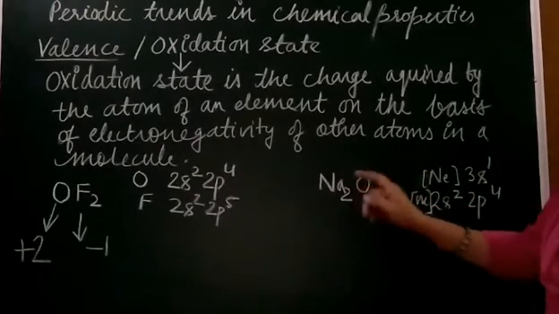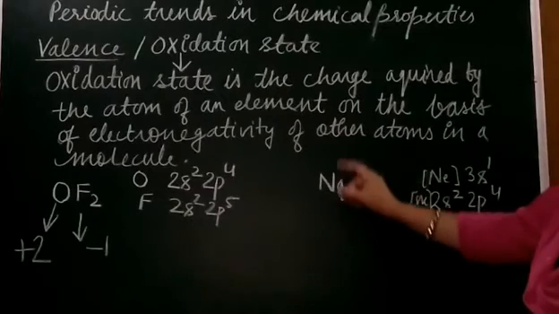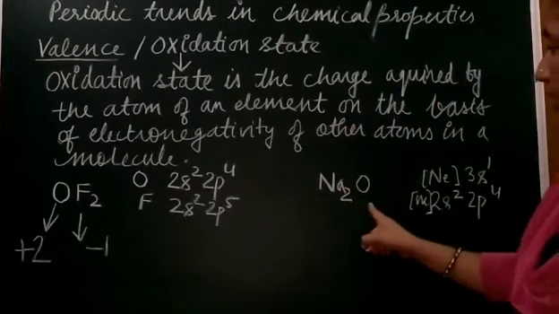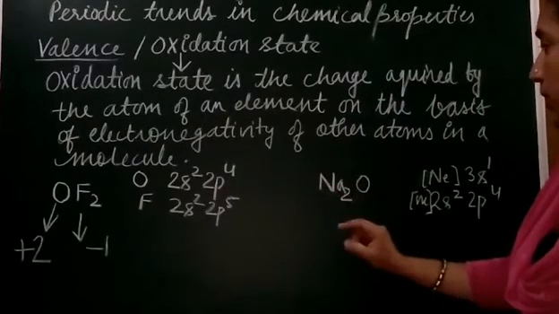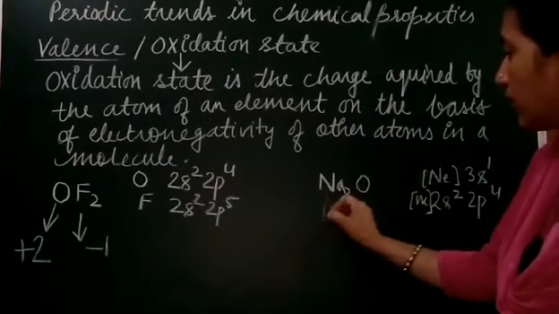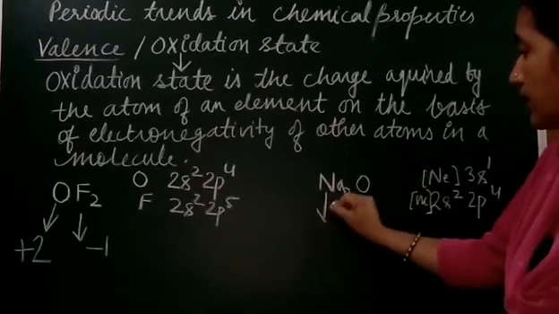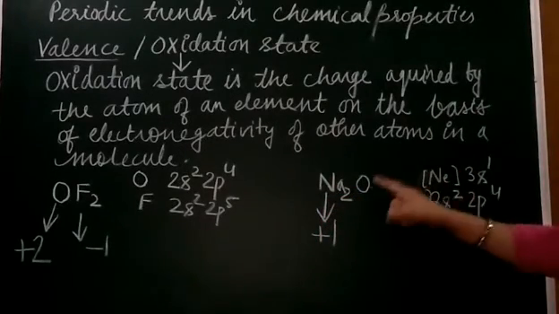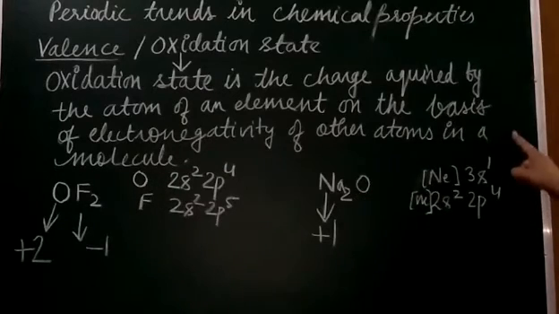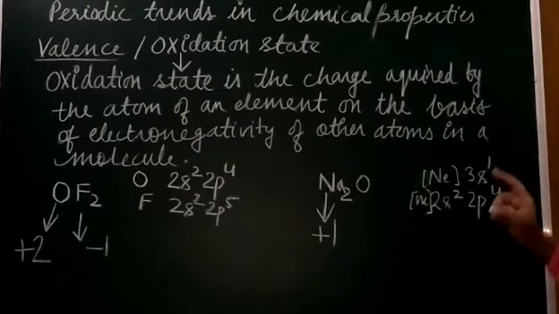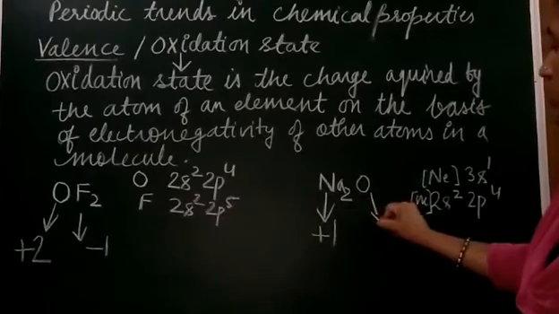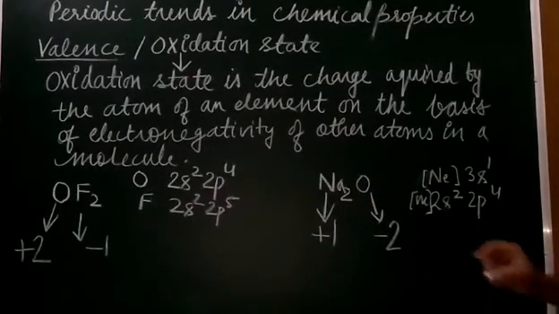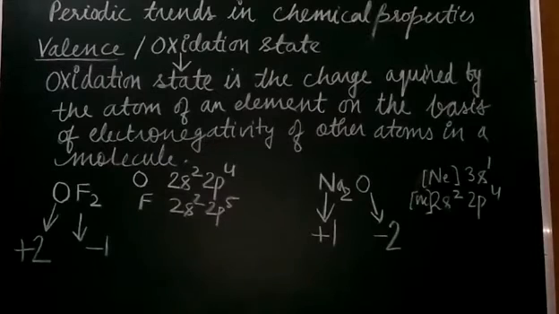So the oxidation state, which is based on the electronegativity of the other atom present, will be +1 for sodium, because two sodium atoms are going to lose their electron to oxygen, and oxygen is going to accept the 2 electrons and get the charge of -2, right students?